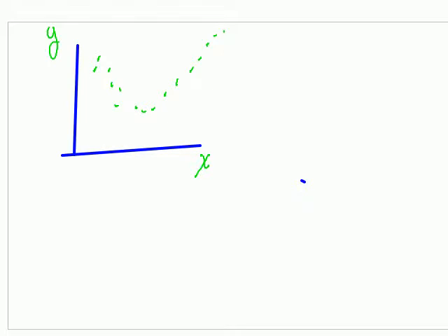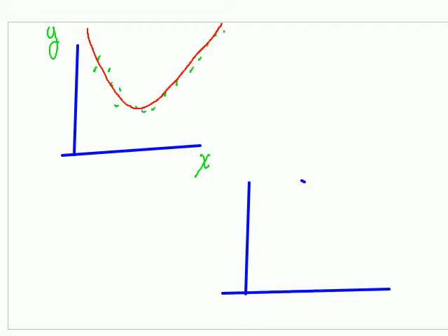But perhaps you could draw a parabola through this. That's a pretty good fit. So instead of being a linear fit, this is a quadratic fit. Here would be an example of something that's more cyclic.